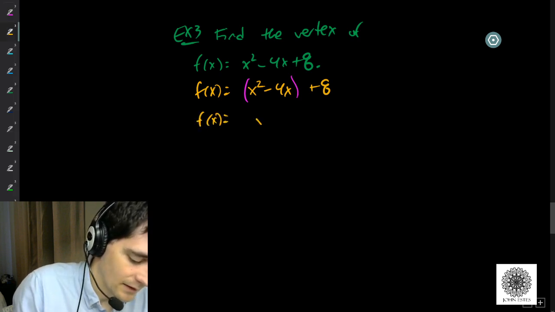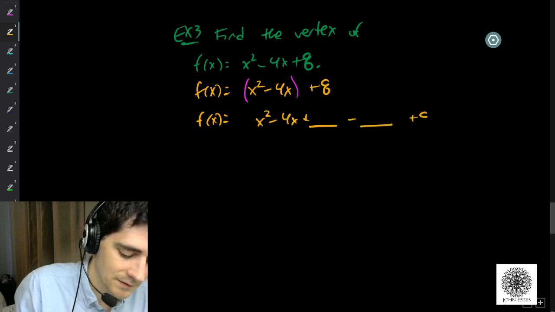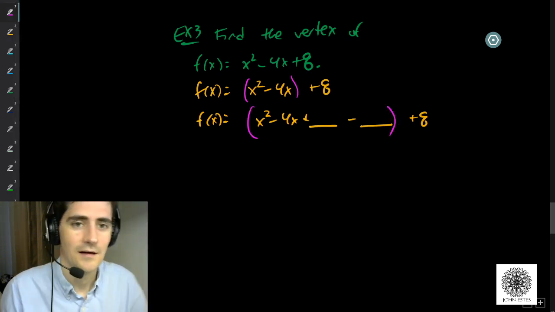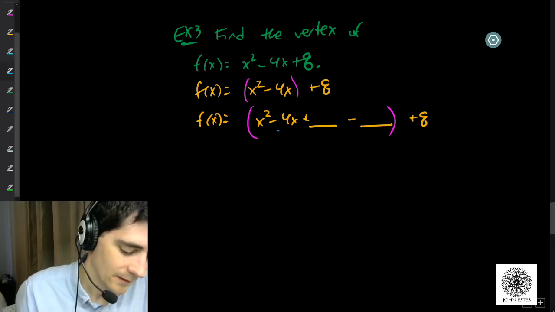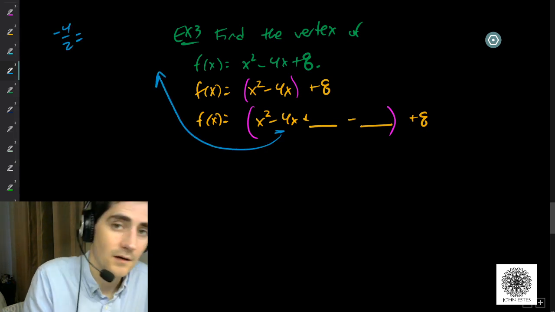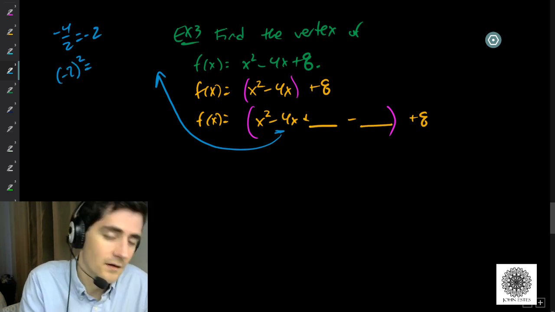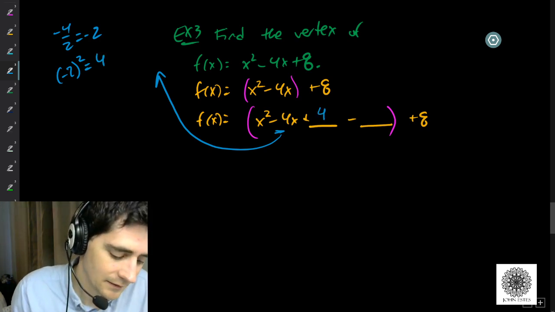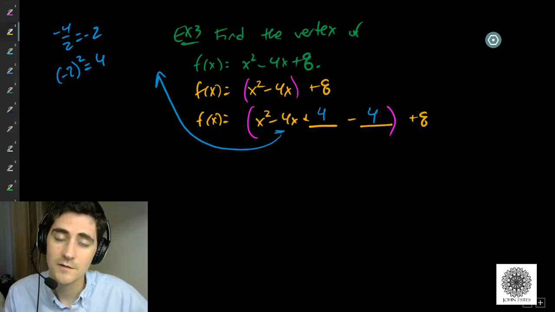So I'm going to say I have x squared minus 4x plus something minus something and then plus 8. Let me put in my parentheses again. And I like just mixing up the colors, so just bear with me on that. All right, now the negative 4, I come over here and I say that's negative 4 divided by 2, which is negative 2. And then negative 2 squared, which is positive 4. And that's the magic number that I need to add in and then subtract. Okay, so I've completed the square now.